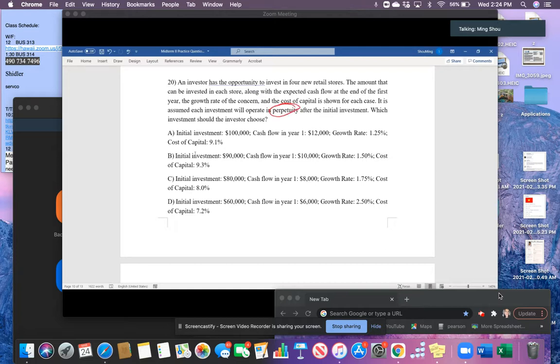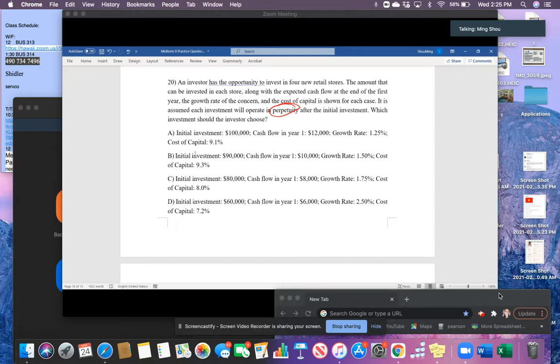Again, if it's a perpetuity, then we can use the perpetuity formula to calculate the present value, right? So the question asks, which investment should we choose? Since we have 4 investments, we can simply compare their NPV and pick the one with the highest NPV. Since these 4 investments have similar patterns, I will only do one.